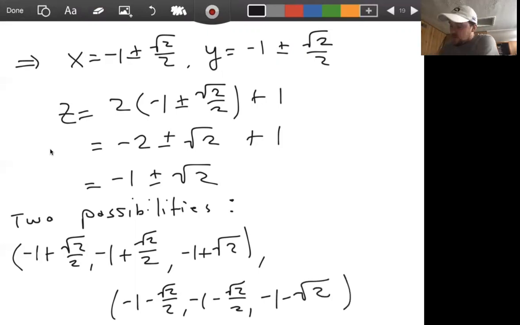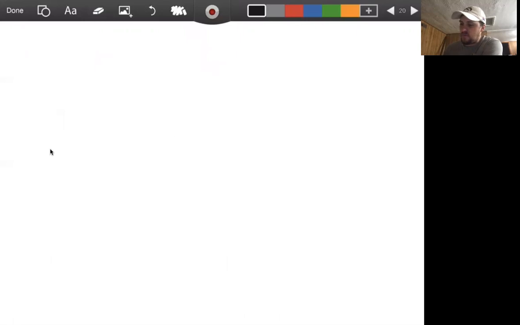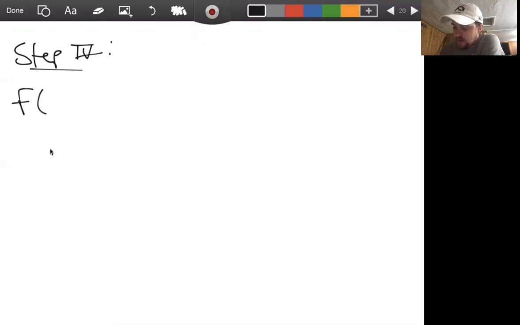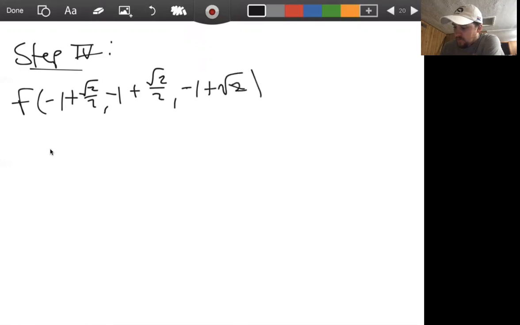And what you would do from here to finish up, right? This ends step 3 finally. Step 4 is to plug in. So f of -1 plus √2/2, -1 plus √2/2, -1 plus √2. If you plug this in, you get 6 minus 4√2.